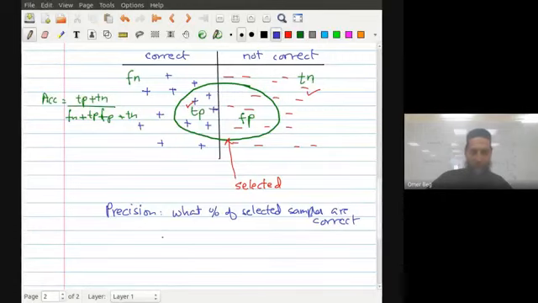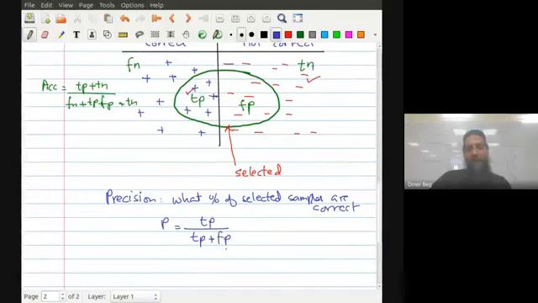So I'll write it as P, and the percentage of selected things is TP and FP. So the percentage is true positive samples over true positive plus false positive. These are the selected things, and the percentage will give you the samples which are correctly identified from amongst the selected ones.